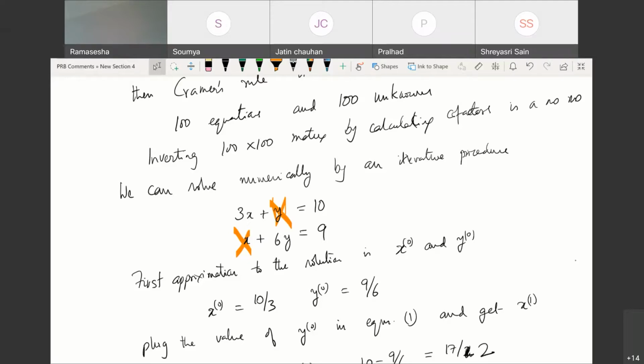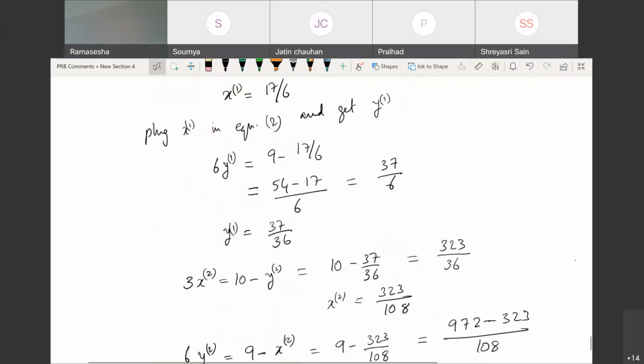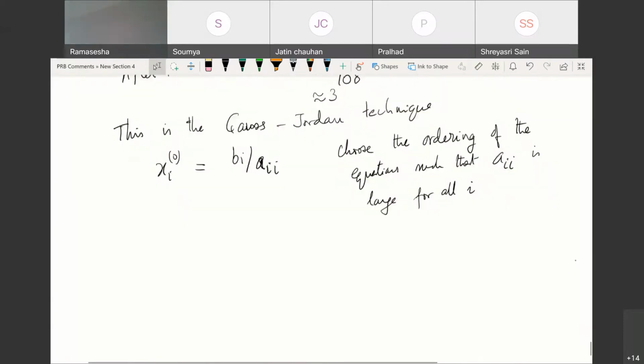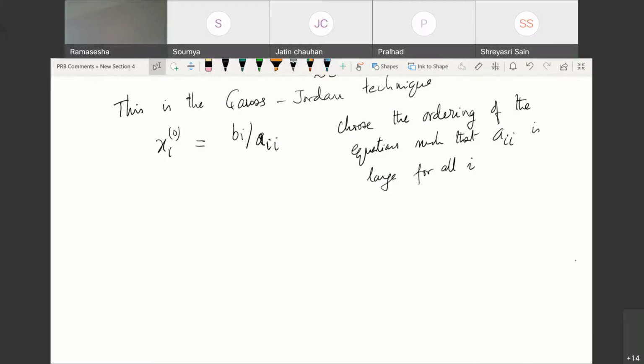Only when aii is the largest in the ith equation does the approximation work pretty well. I cheated you by taking aii automatically the largest in the 2 equations, because a11 was 3 and a22 was 6, whereas a21 and a12 were 1. That's how I got the convergence so fast.